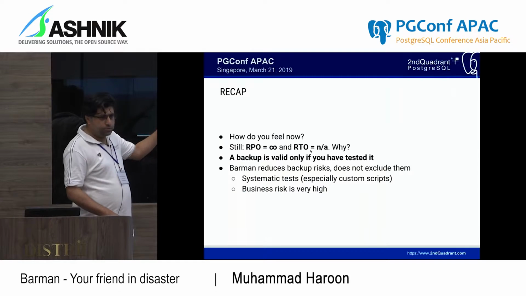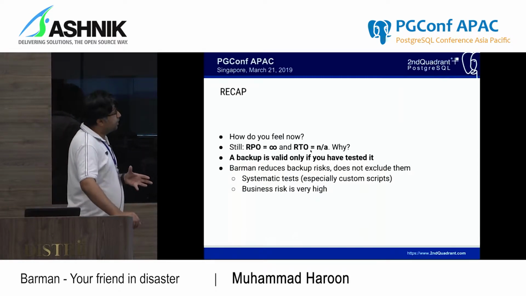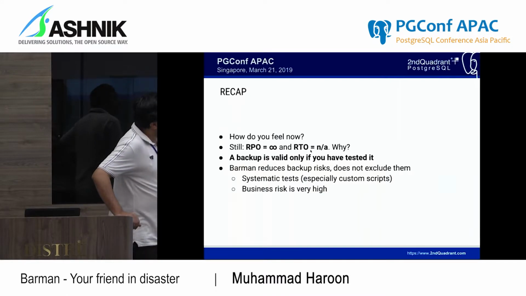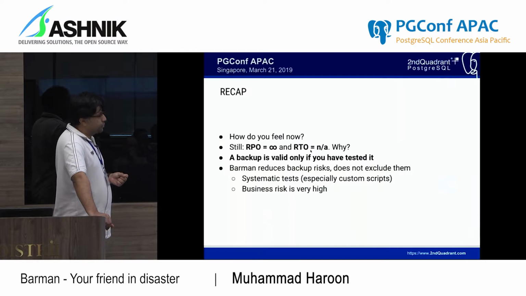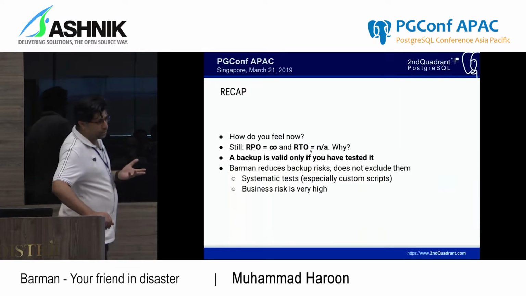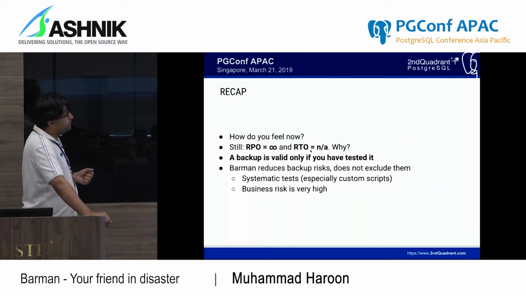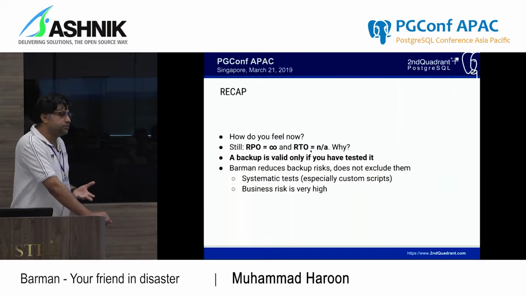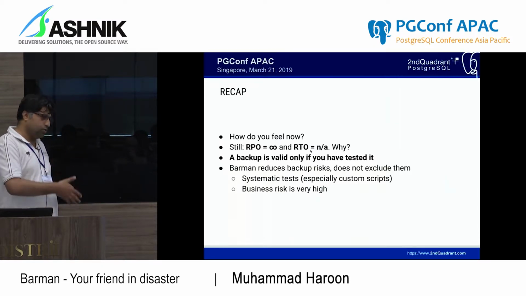So with this particular approach where you have a Barman server in place, are we still in any good position? I would still say no, because your RPO is still unknown. We don't know what sort of data we would lose, although we are closer to zero data loss. Your RTO is still unknown because we have not defined any policies around how much time it would take to restore in case of a disaster.